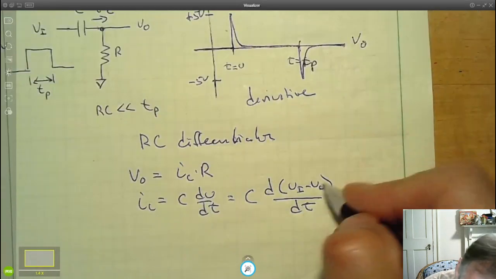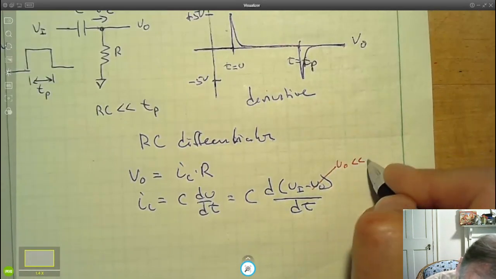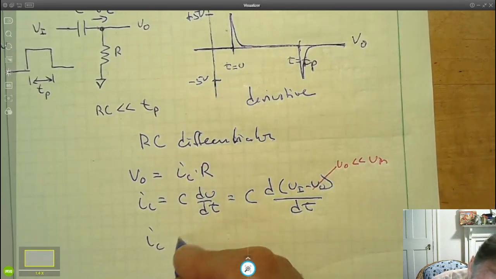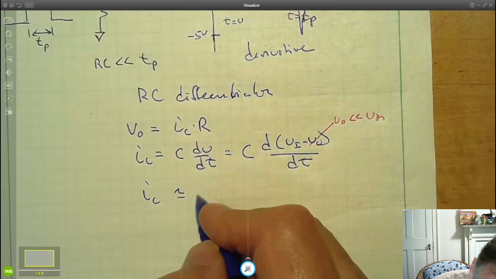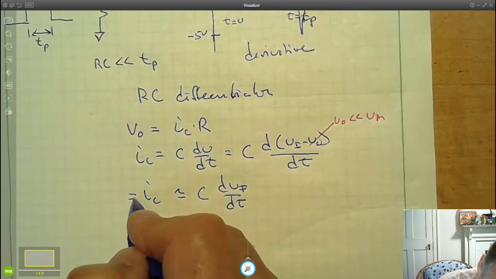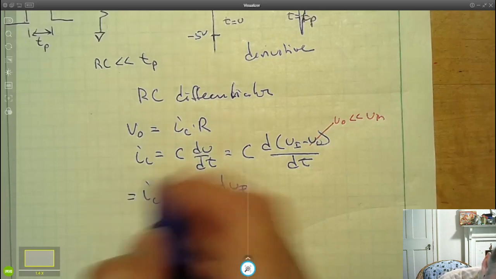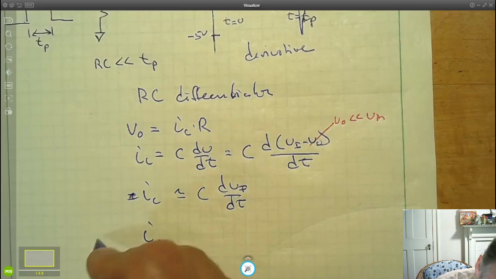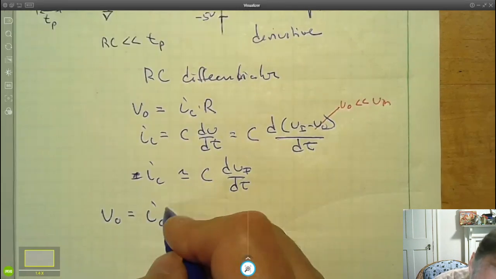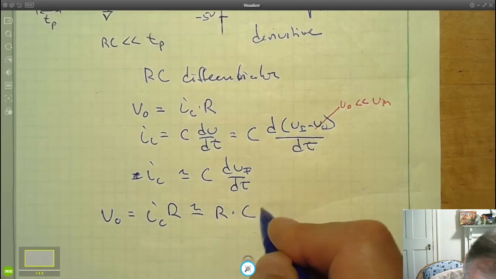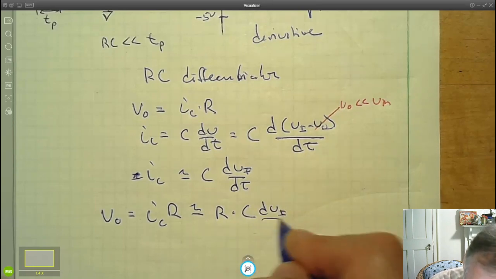If we keep V out small, I sub C is approximately equal to C dV in/dt, and we know that V out is equal to I sub C R, which is approximately equal to R times C dV in/dt.